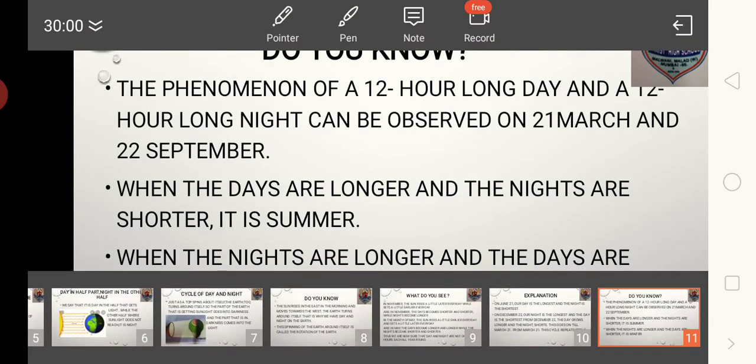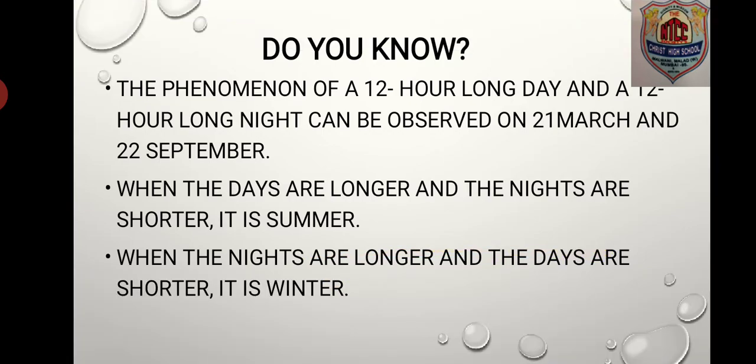When the nights are longer and the days are shorter, it is winter. So now this season is the winter season, students. You can see we have shorter days and nights are longer.